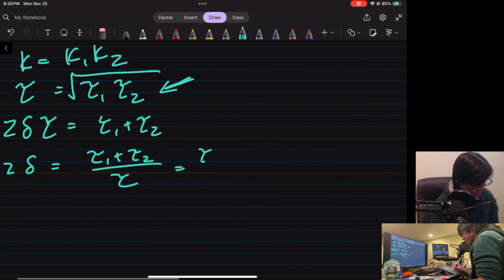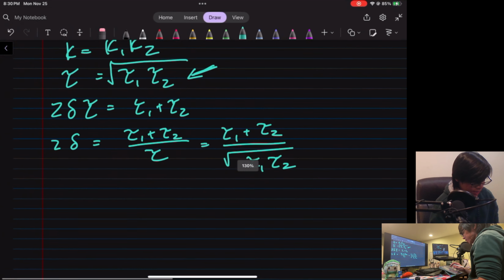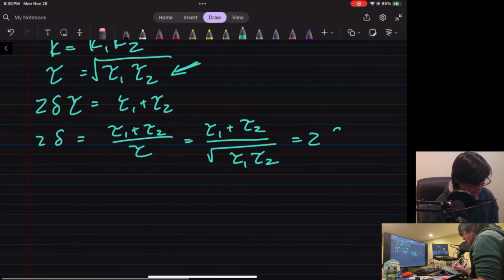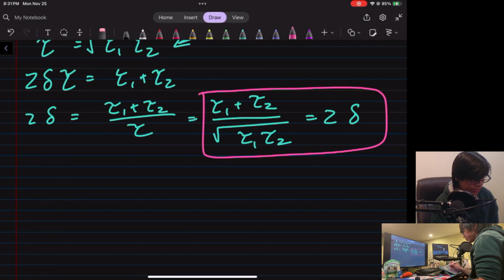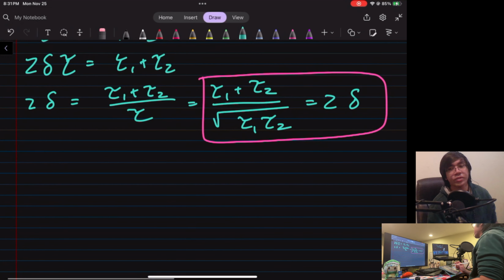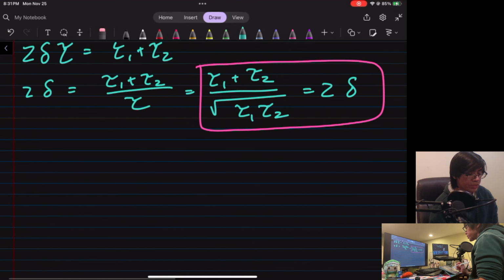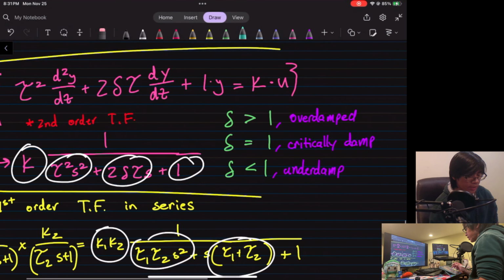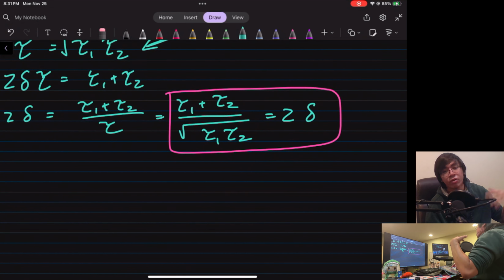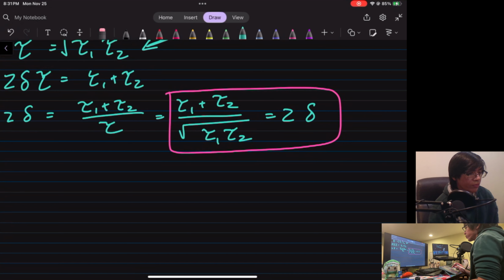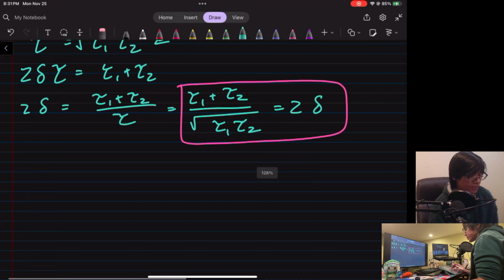So tau 1 plus tau 2 divided by square root tau 1 tau 2 is equal to 2 zeta. And what we're trying to say is that this zeta value is overdamped. Always greater than 1, as I mentioned before for zeta. So zeta greater than 1 means it's overdamped. It's going to come down gradually, slower than it would for a critically damped system.